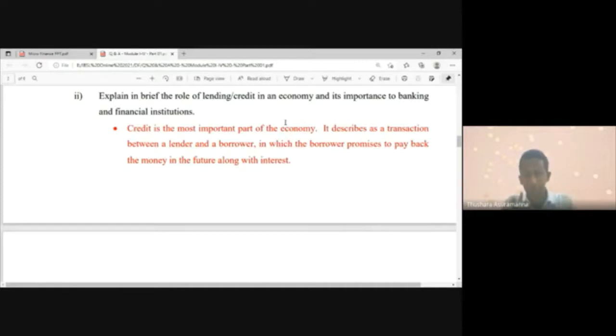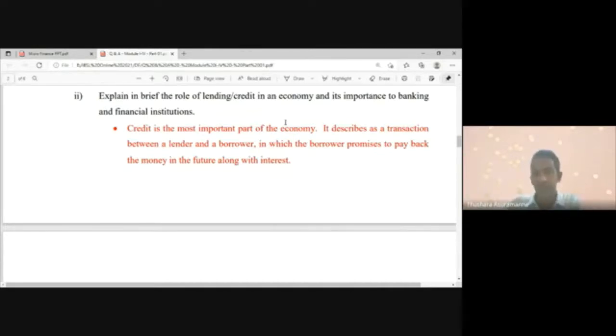Financial institutions benefit, and also by undertaking credit, we can promote investment, economic growth, regional development, and support sectoral growth, and many other things you can include here.